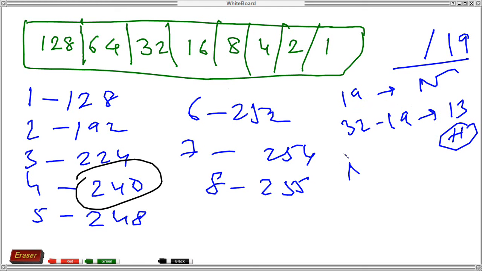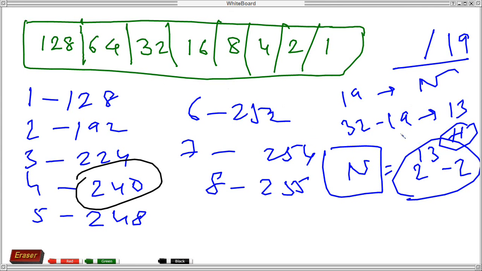So the maximum size will be 2 to the power 13 minus 2. I can calculate the size of n. This is my block size, 2 to the power 13.